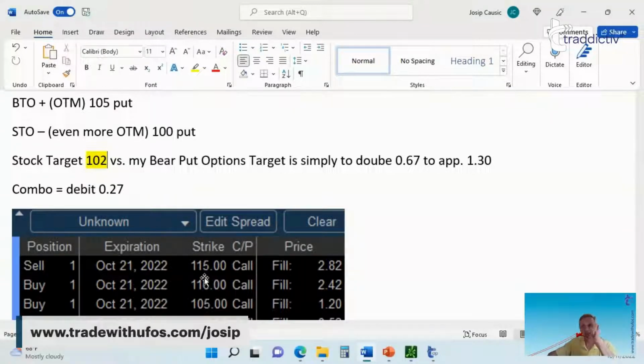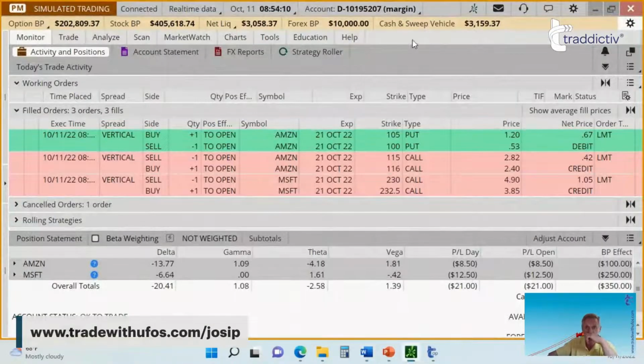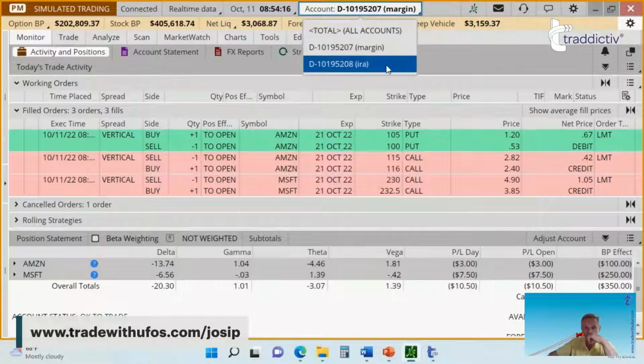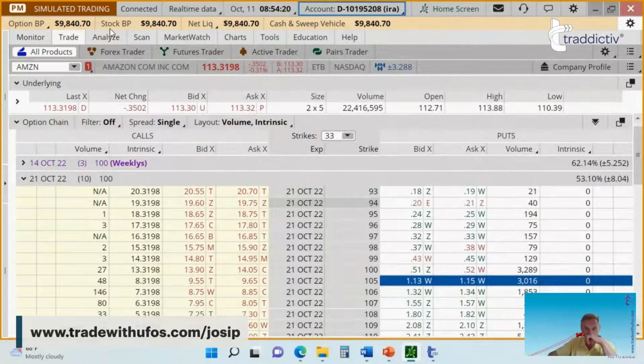Mark, you're ahead of me. He already has fired it in. So let's build this beast. And be aware that I'm going to switch the accounts because I want to have two different accounts. So this is my margin account where I placed these trades in. I want to now go into my IRA account where I don't have any current trades open, so I can build this.